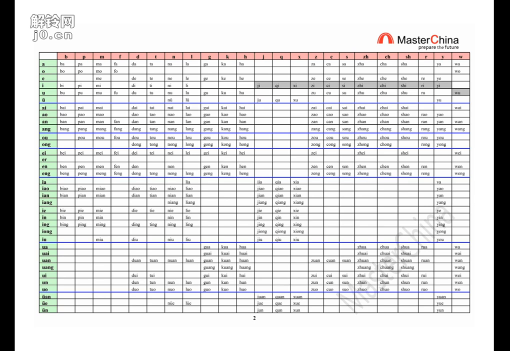On this form, you will see the pink part, that's the initials, and the green part is the finals. You see that there are some spaces where there is no spelling. It means we don't have those pronunciations in the Chinese language. So you can see that all the Chinese pronunciations are here on this paper.